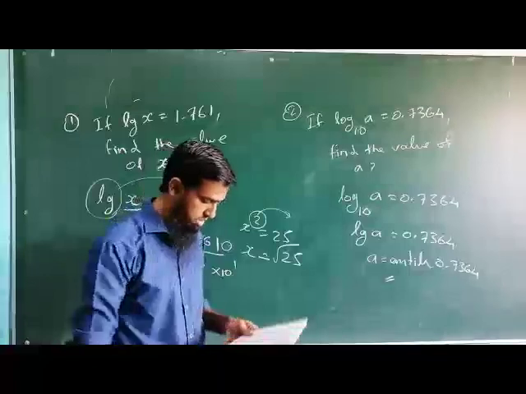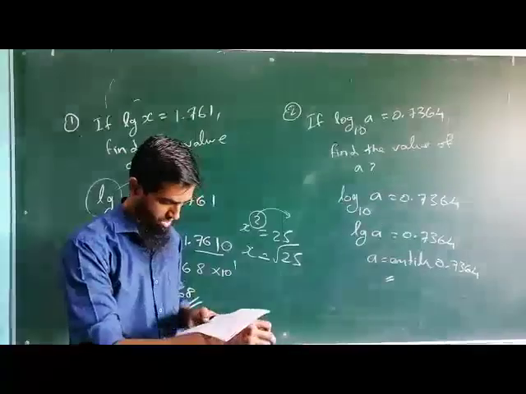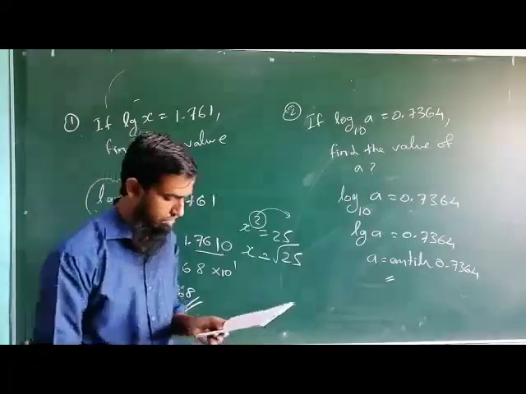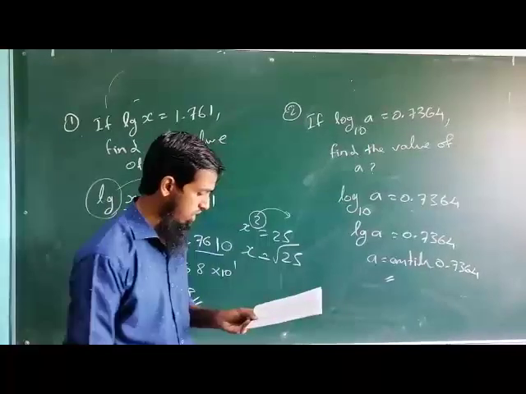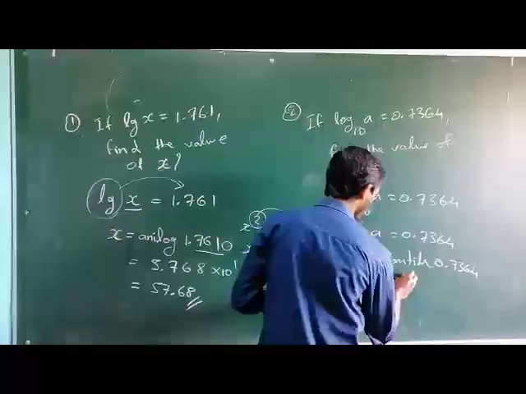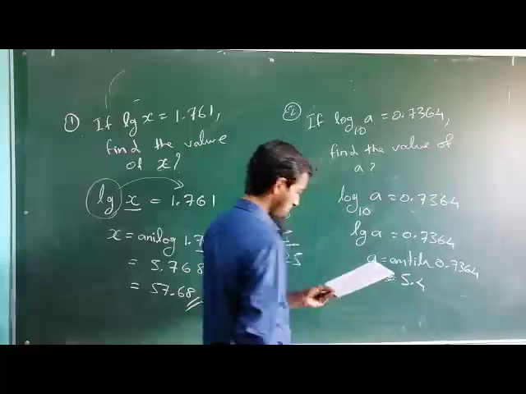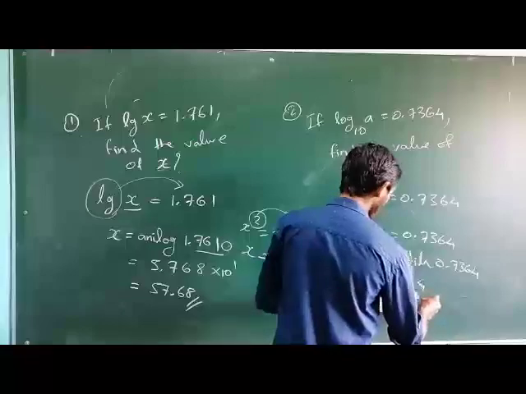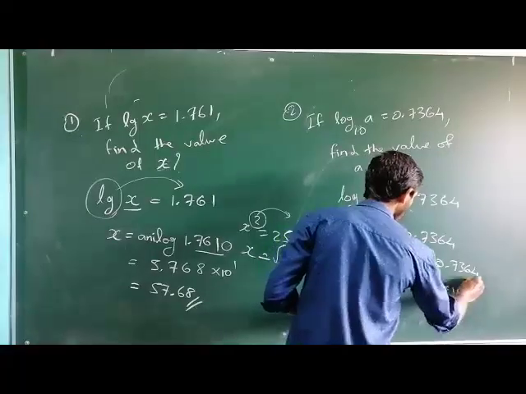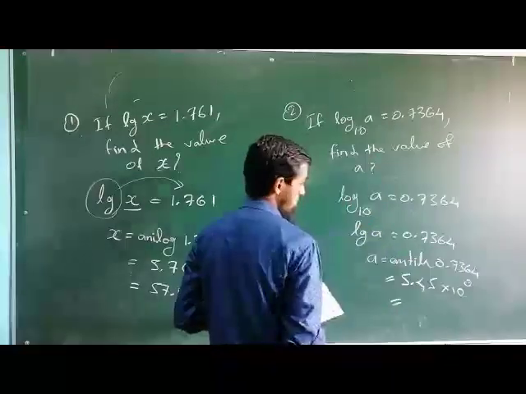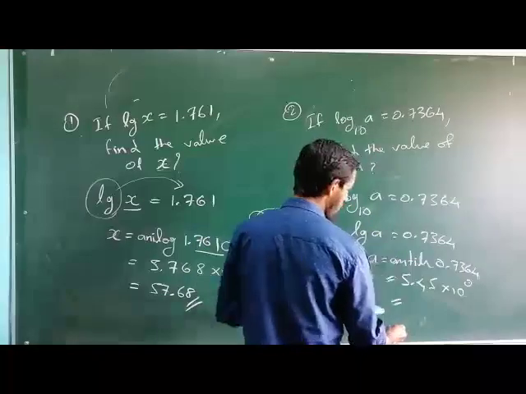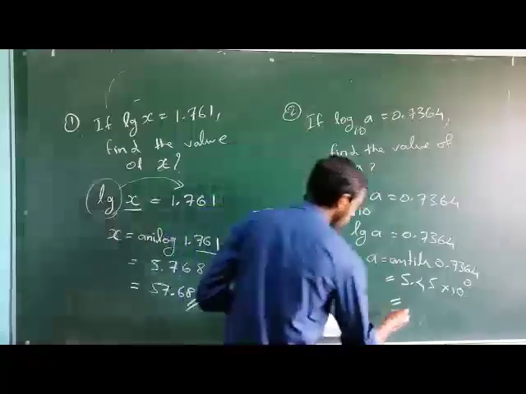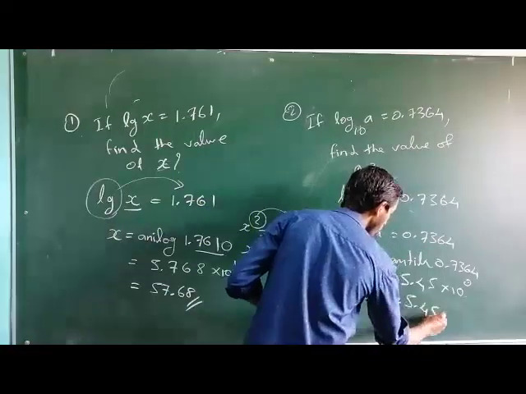If you go to 7364, exactly, we have the number 7364 on the 54th row, so 5.4, and the 5th column, into 10 to the power 0. So the value of A is 5.45.